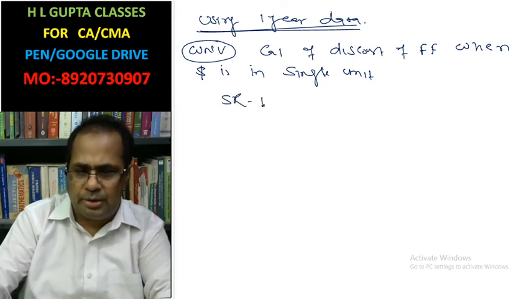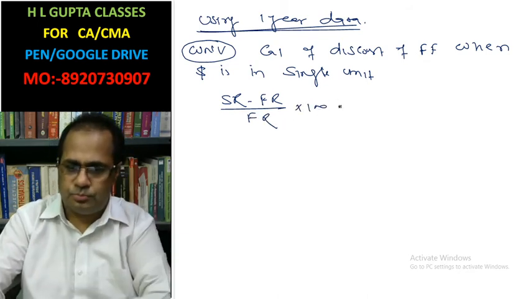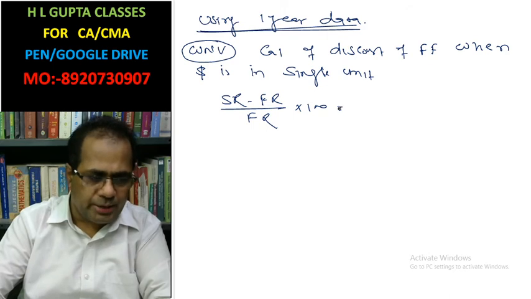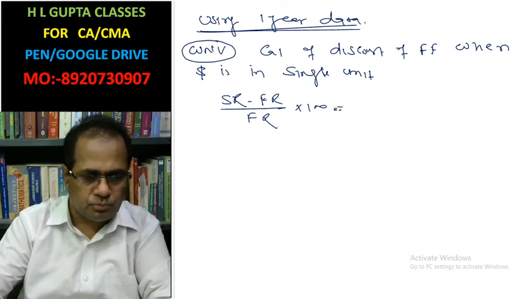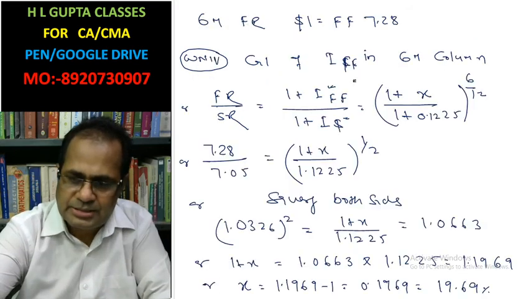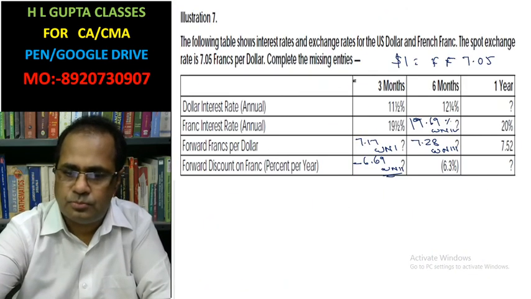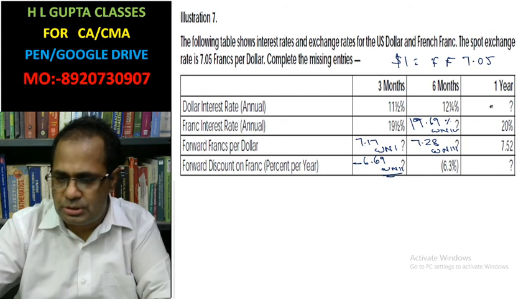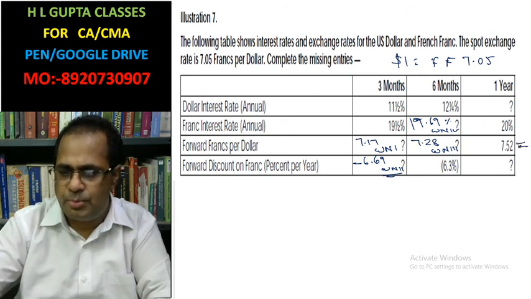Spot rate minus forward rate upon forward rate into 100. Look at the 1 year column: this is your 7.52 1 year forward rate.